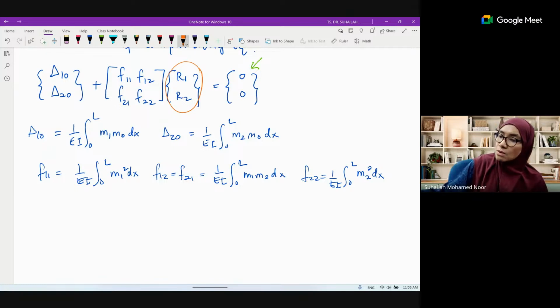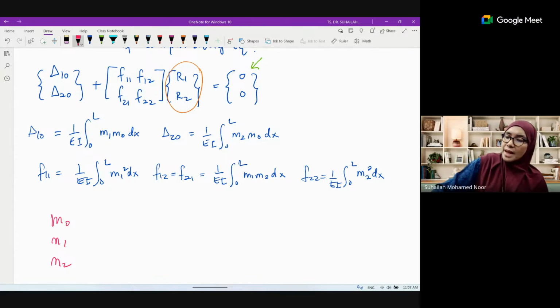Okay, so in the compatibility equation for this case with 2 redundants, the equation is written like this. There are 6 displacements, and these are all the formulas. In the formulas there are 3 labels, not just 1 and 2 but 0, 1, 2. So we have M naught, M1, M2.